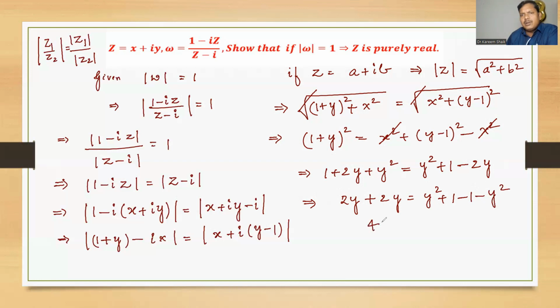So on the left side what you got? 4y equals, on the right side positive y square gets cancelled, positive 1 and negative 1 get cancelled, we got 0. 4y equals 0, but here 4 is a non-zero quantity, so y should be 0.